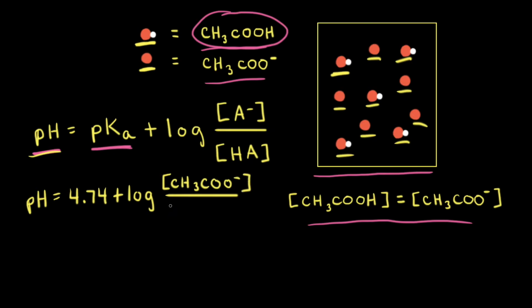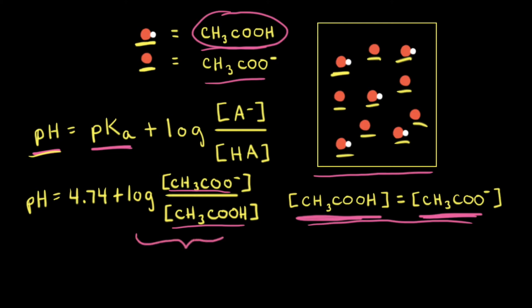And that's divided by the concentration of the weak acid, which is acetic acid, CH3COOH. We've already figured out that the concentration of acetic acid is equal to the concentration of the acetate anion. Therefore, the concentration of the acetate anion divided by the concentration of acetic acid is just equal to 1. And the log of 1 is equal to 0.